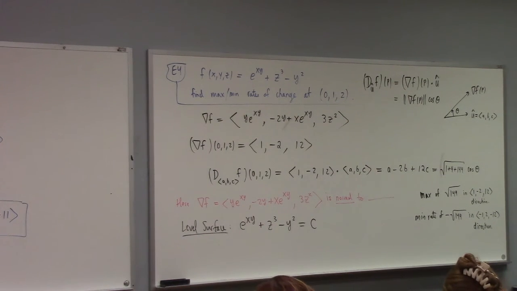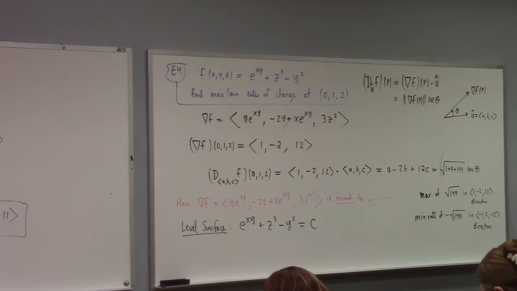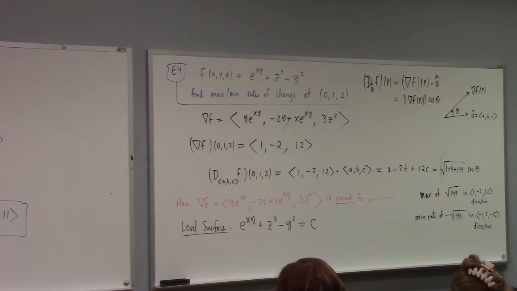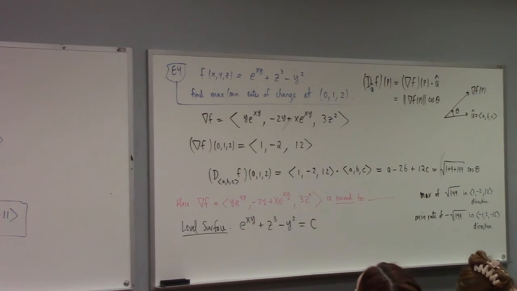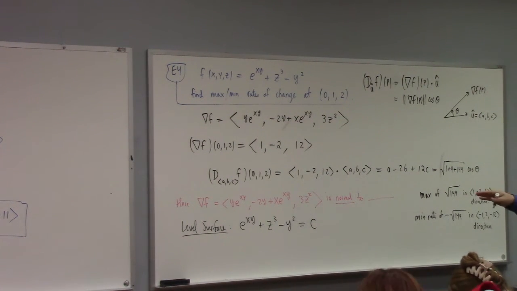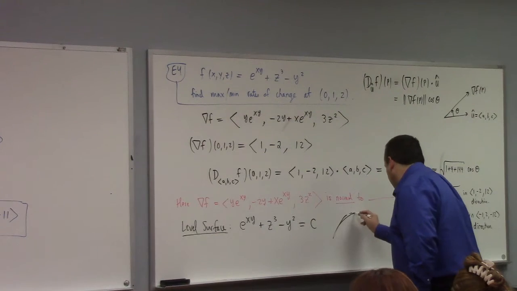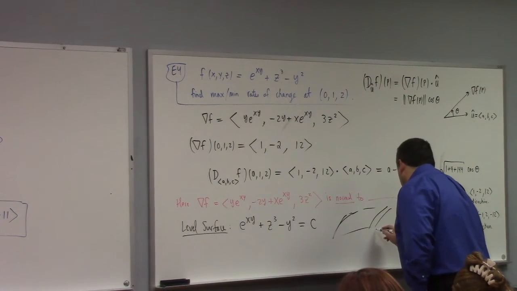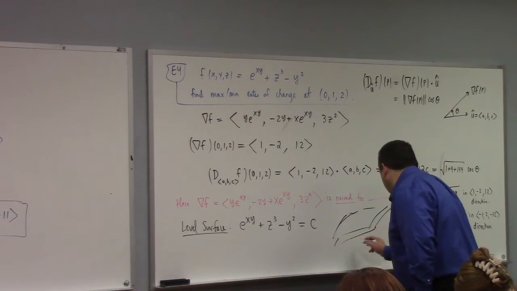And so if you move in the direction of the gradient, right, you're leveling up. You're moving off of that surface. If you move in minus the direction, you're leveling down. You're going to the lower level surfaces. I think of these surfaces as foliating all of 3 dimensions, something like a stack of sheets locally.